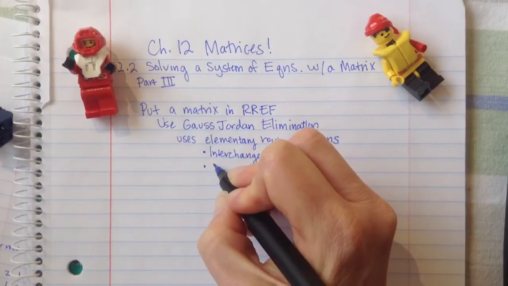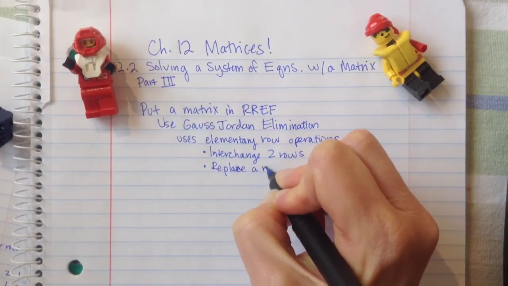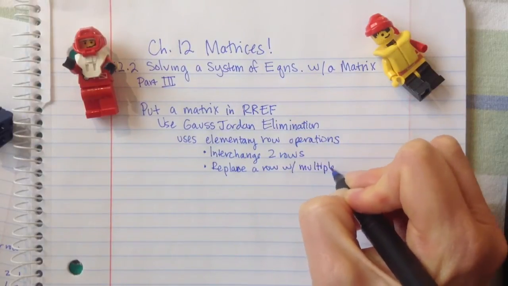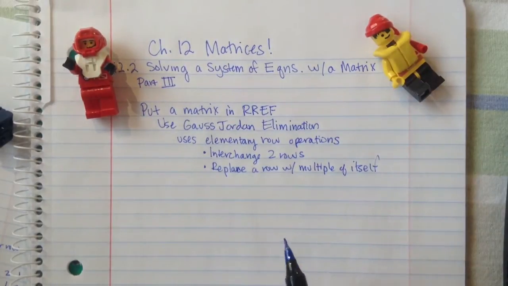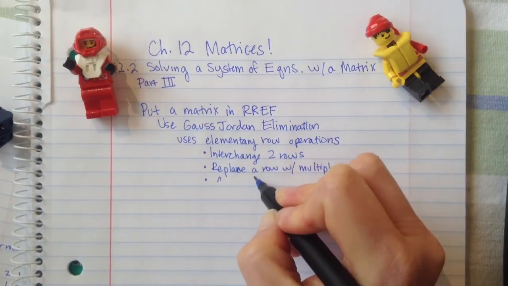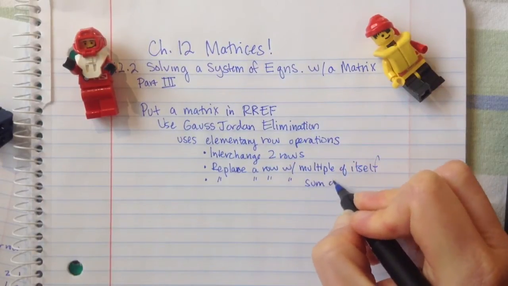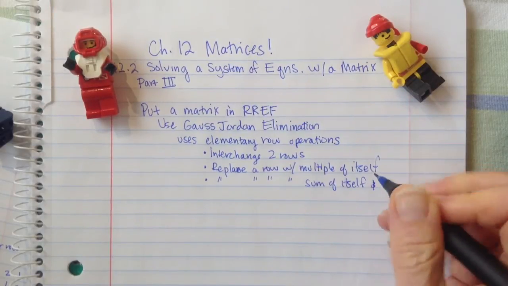We can replace a row with a multiple of itself, and it would have to be a non-zero multiple. You can't just multiply everything by 0. And you can also replace a row with the sum of itself and another row.